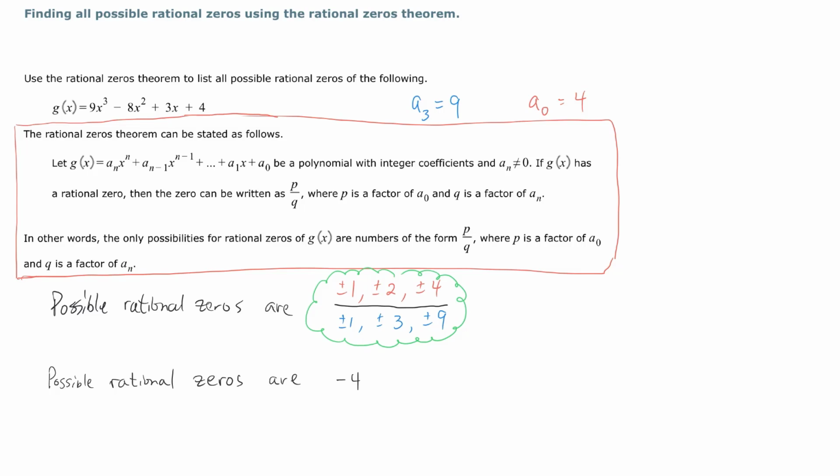So we have negative 4. Is there anything between negative 4 and negative 2? And then, of course, negative 1. Well, we have a lot of possibilities here. We have negative 2/3, negative 1/3.